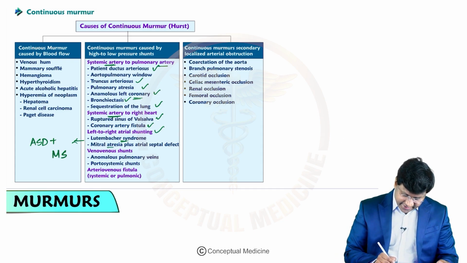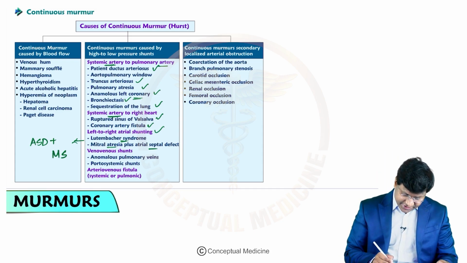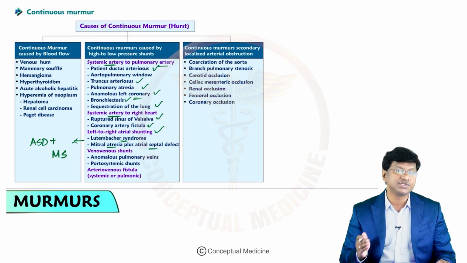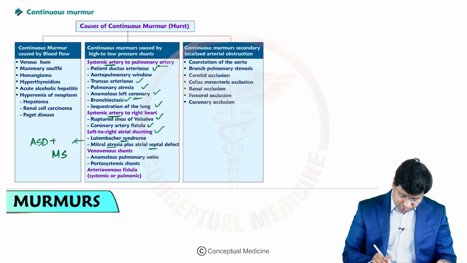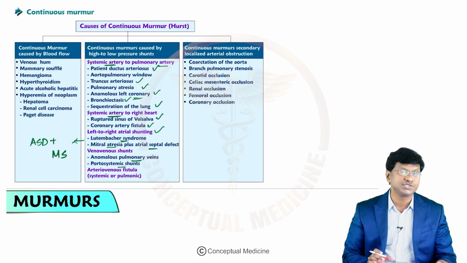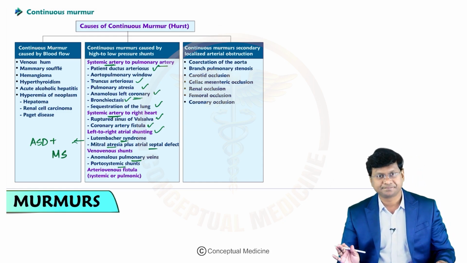Then mitral atresia plus atrial septal defect. Then in conditions like veno-venous shunts, that includes anomalous pulmonary veins and portosystemic shunts. So that is about the conditions where you have the continuous murmurs caused by high to low pressure shunts.